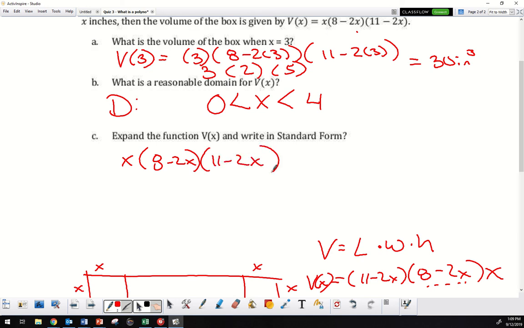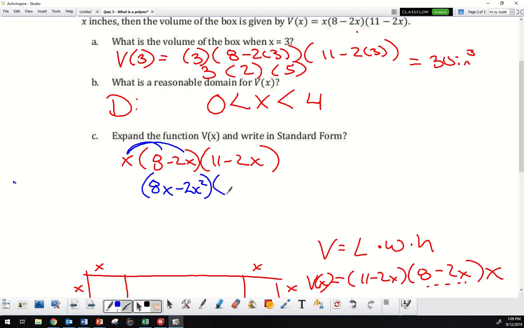I'm going to start with my first distribution, and I'm going to do this one in blue so we can see it. So 8 times x is 8x, and x times negative 2x is negative 2x squared. So that's my first one.